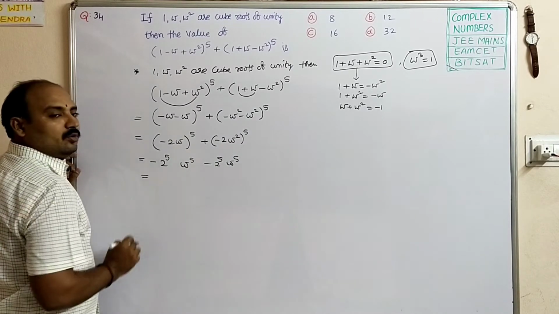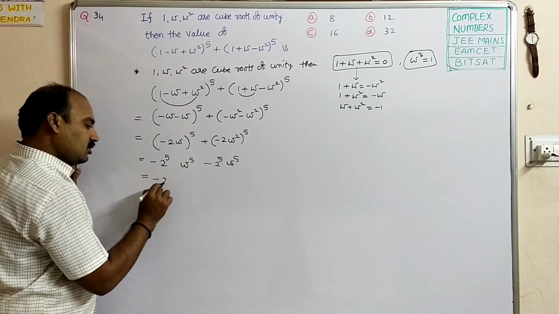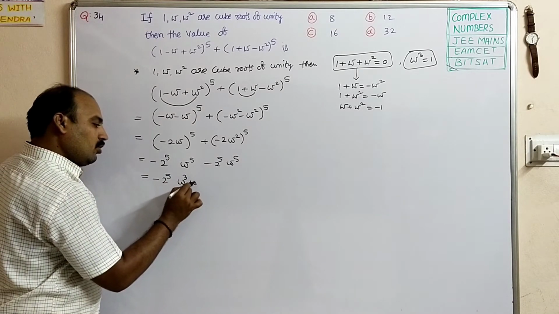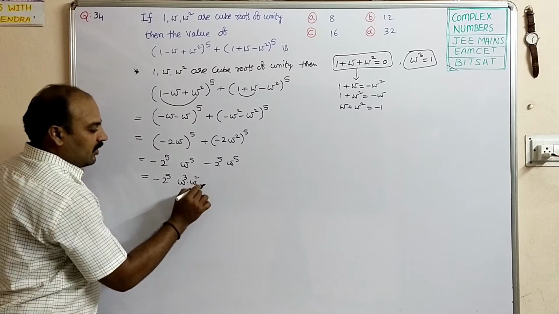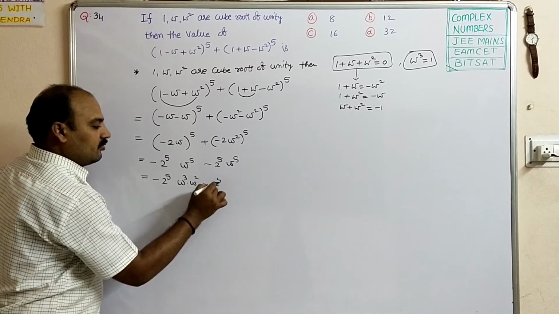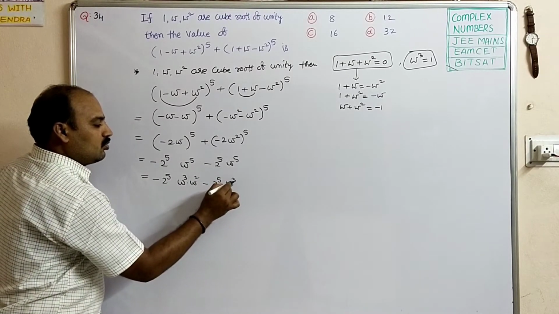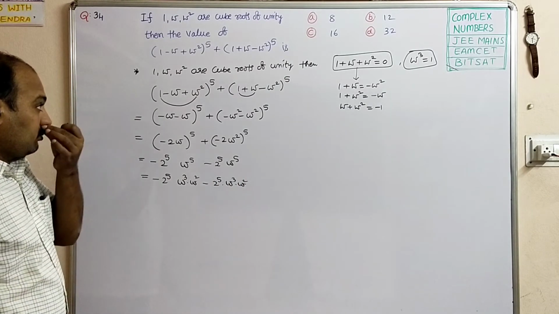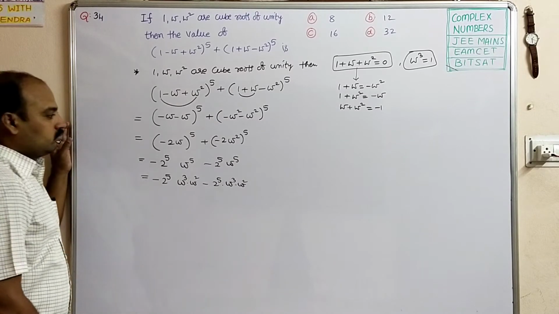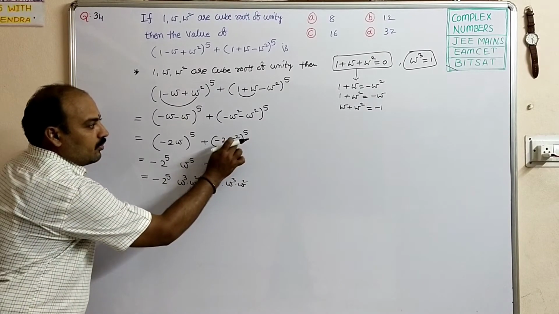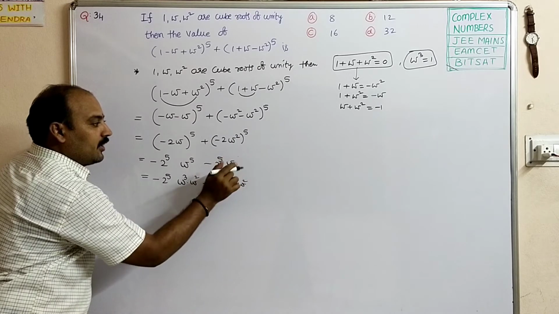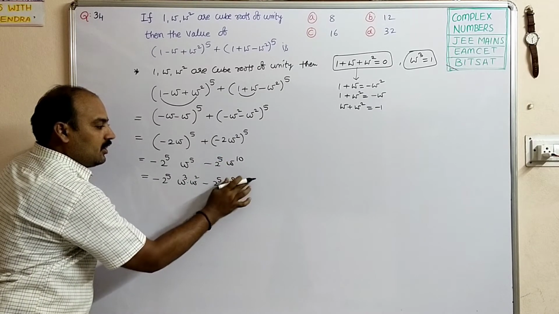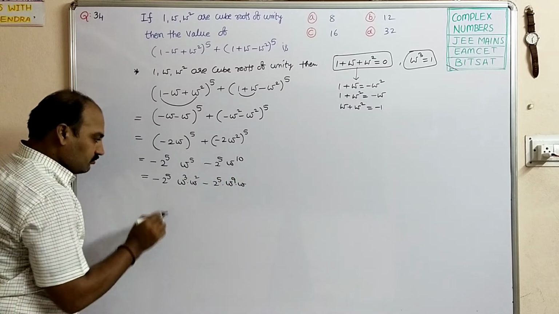So that is equal to minus 2 power 5, omega power 5 can be written as omega power 3 into omega square, minus 2 power 5 omega power 3 into omega square. After that, omega square whole power 5, omega power 10, even here also omega power 9 into omega.